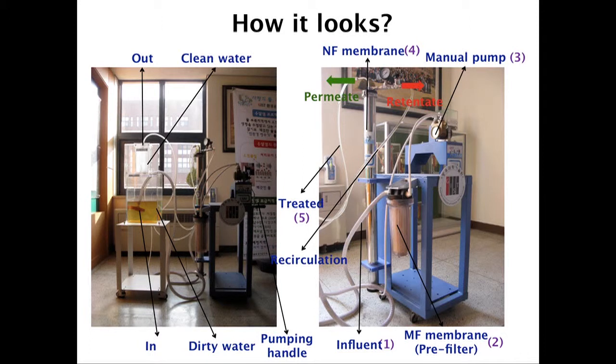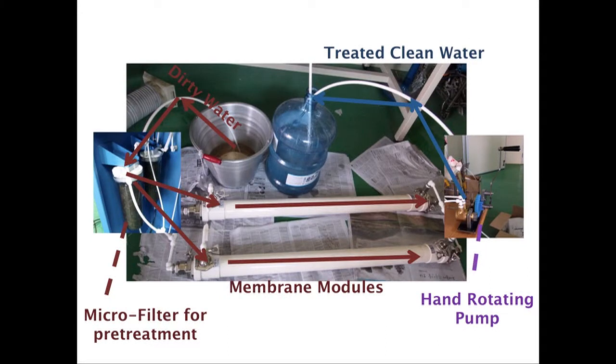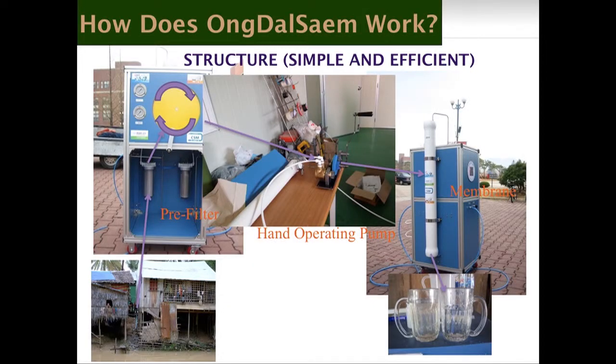Sometimes children operate it, sometimes adults. We made different designs: sometimes a hand-rotating pump, sometimes a bicycle pedal. We sent these to the actual sites to make safe drinking water.